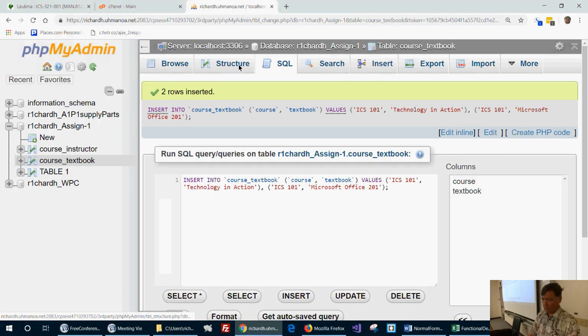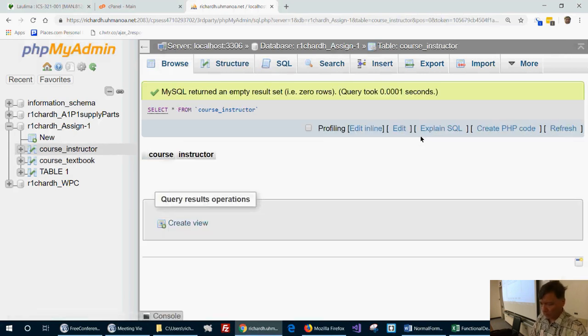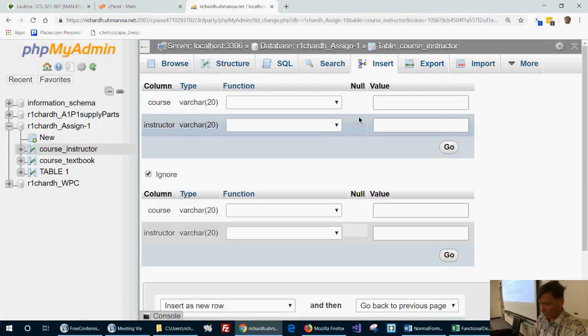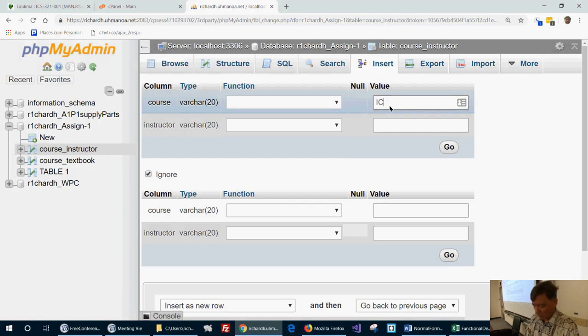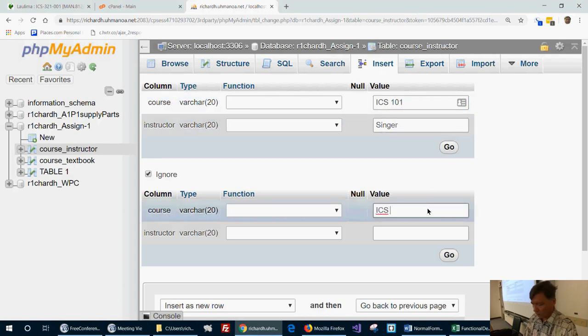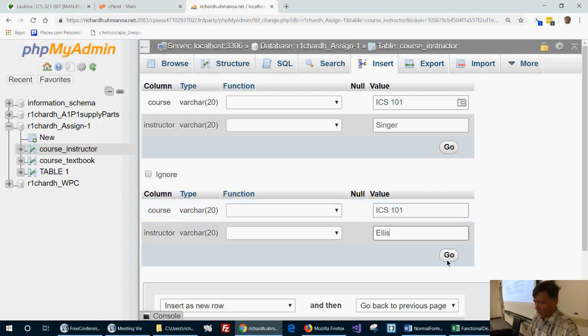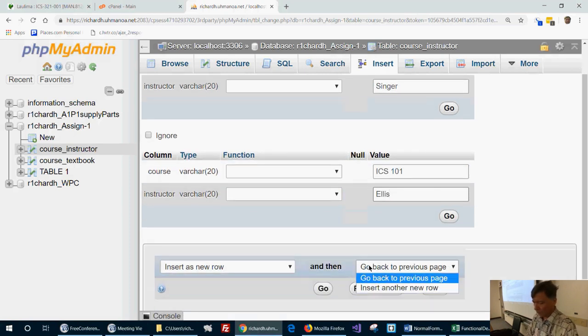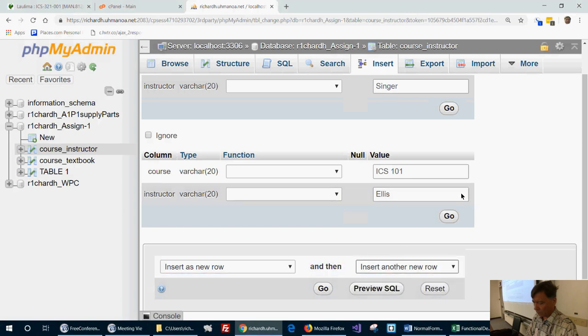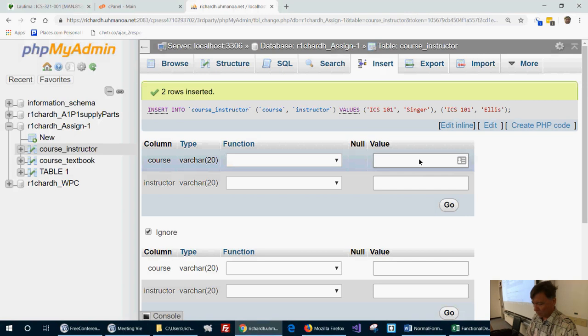All right, and that's that table. And in this table, I'm going to need to insert ICS321 Singer, ICS321 Ellis, and ICS321 comments.